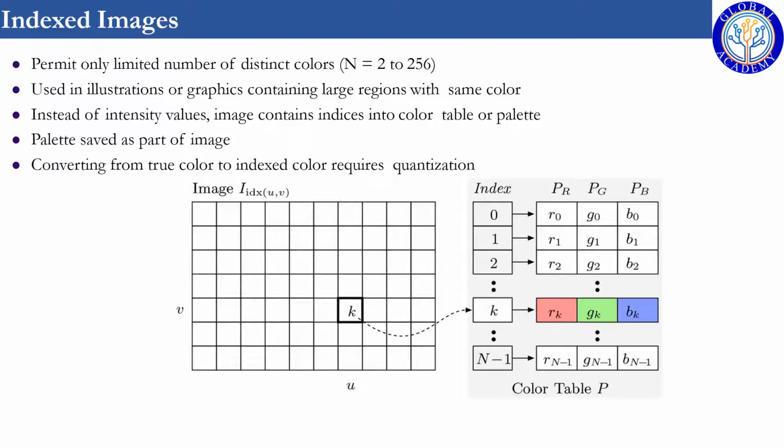So the best way is to represent images using indexed images, where we can select some variety of colors, a combination of red, green and blue, and then index them and use that index at each pixel. So a smaller table can represent a small amount of data or colored image.